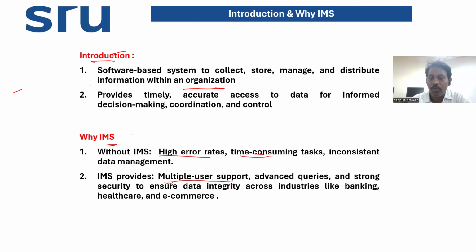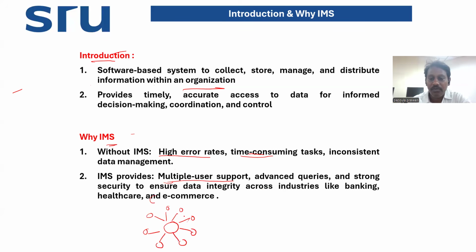So here we have many users. Multiple users access the data. For example, this is the database and these are all the users. These users all access at a time, and in this scenario we access accurate data.